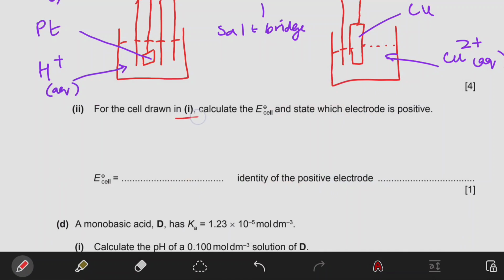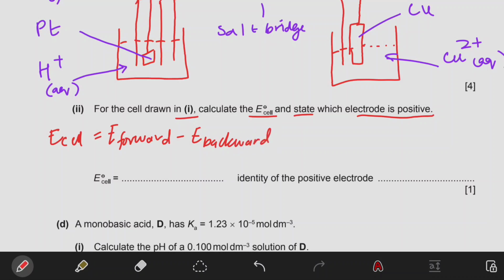For the cell drawn in part 1, calculate the E cell and state which electrode is positive. So E cell has a formula: E forward minus E backwards.